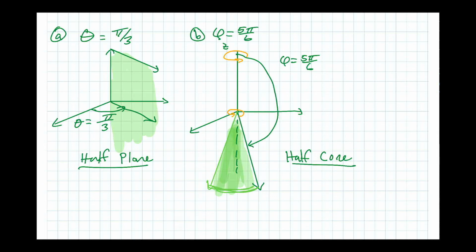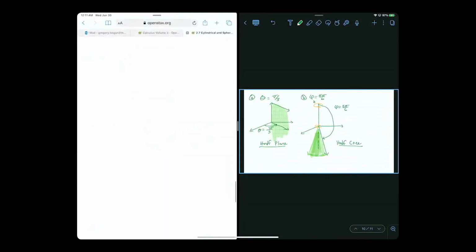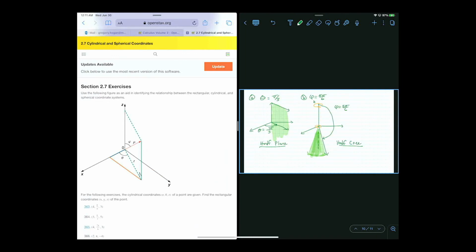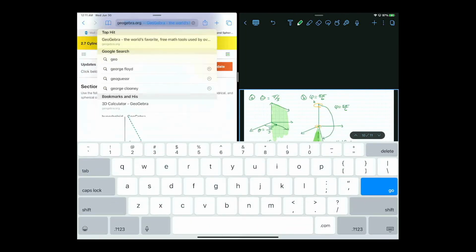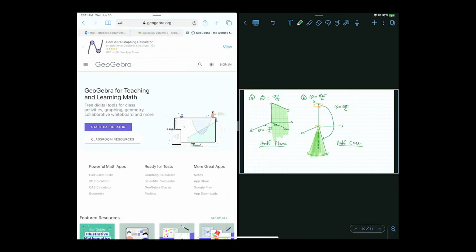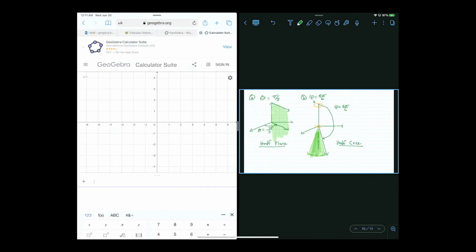Wait, I'm checking GeoGebra real quick. They have a really weird picture in the book, and I think they just made a mistake.